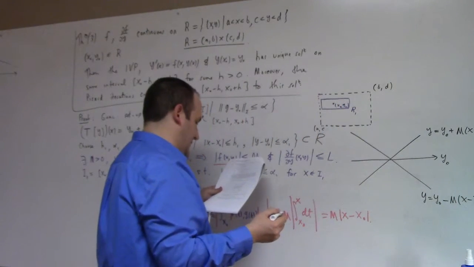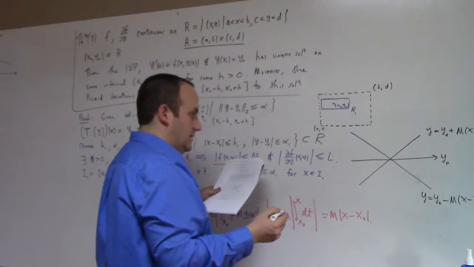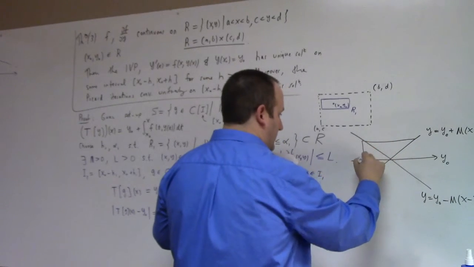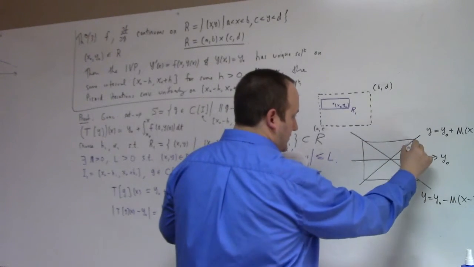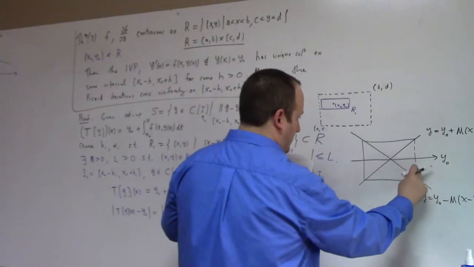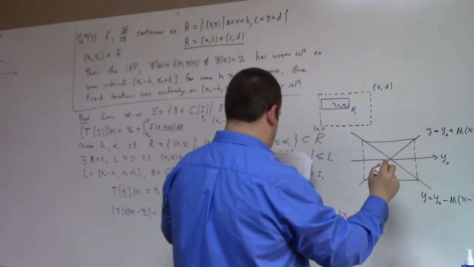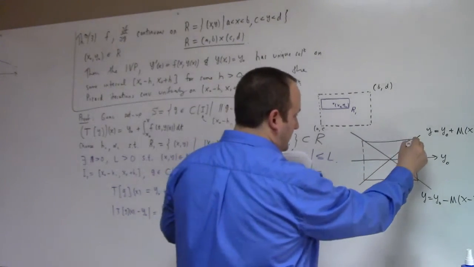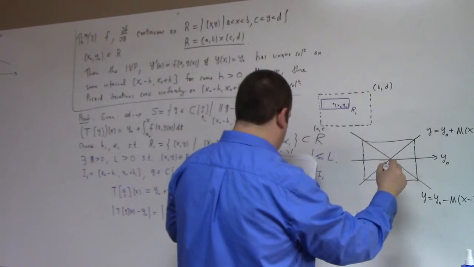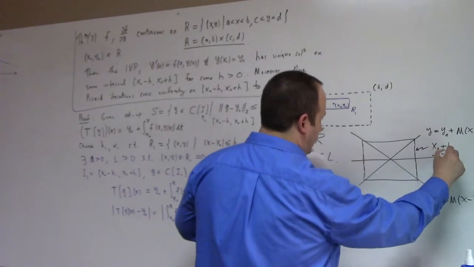And what else? We've got a couple rectangles going on in here. The big one goes out to what? Oh no, that's not the dotted one. Sorry. The undotted line is x naught plus h1.